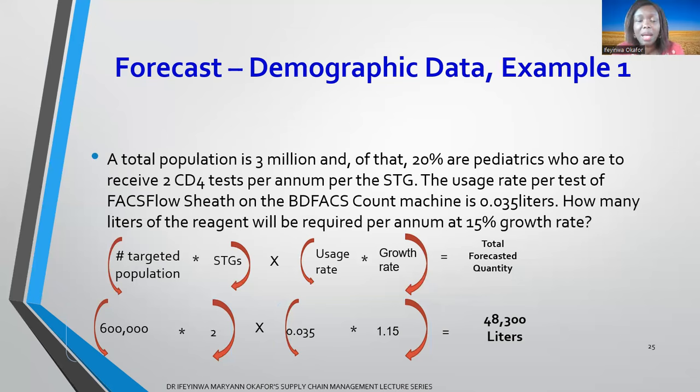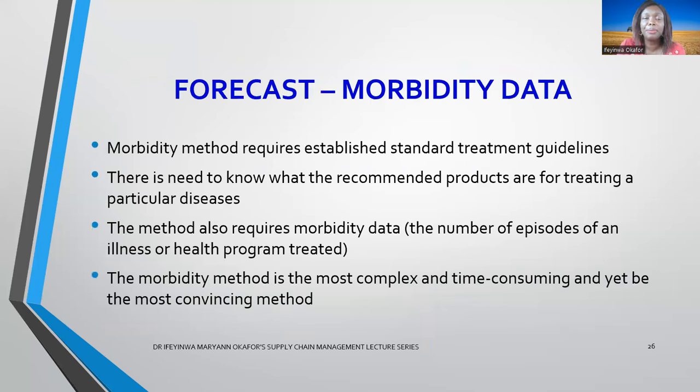The usage rate is 0.035, multiplied by the growth rate, and the total forecasted quantity is 48,300 liters.